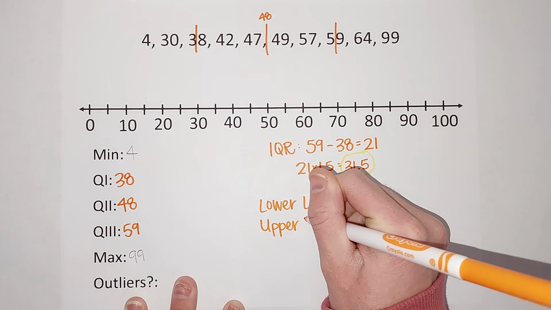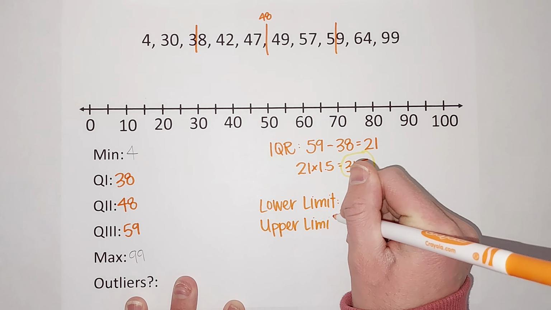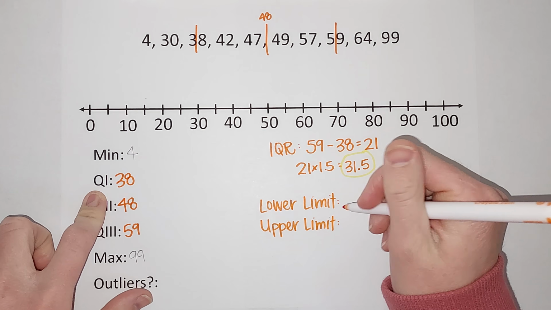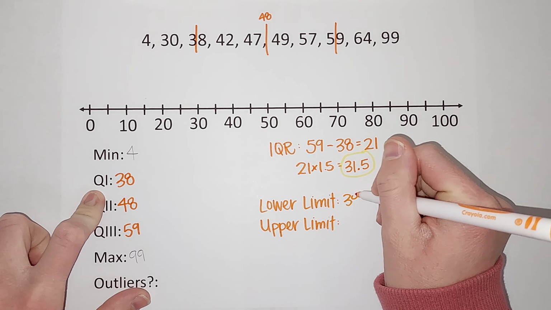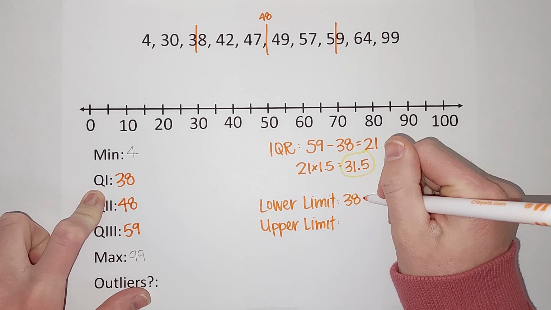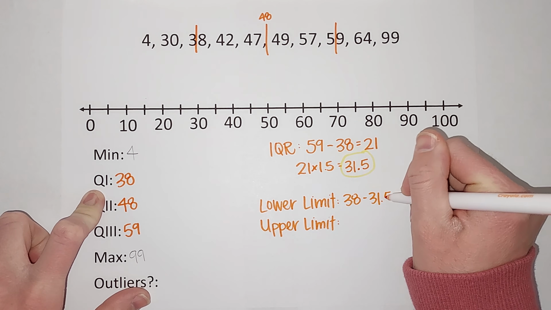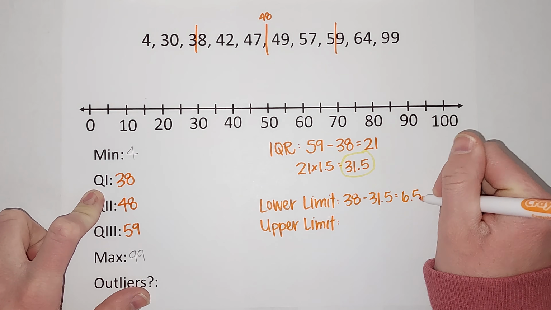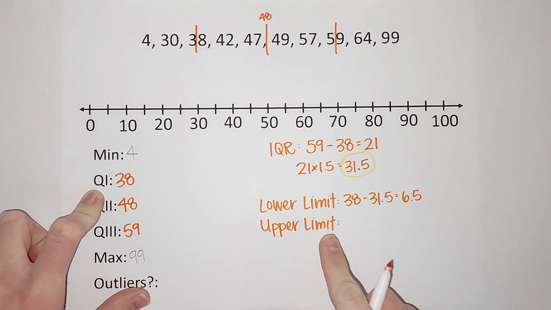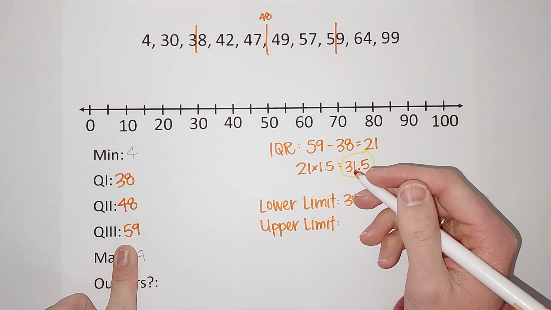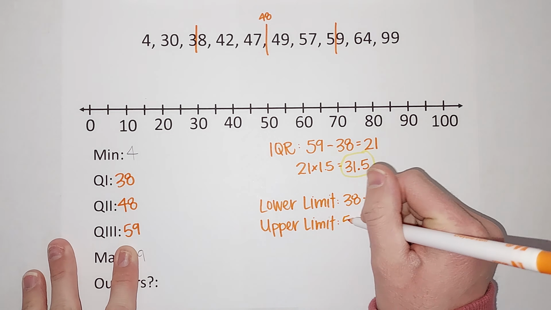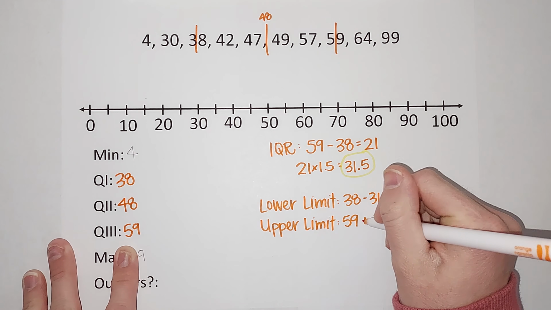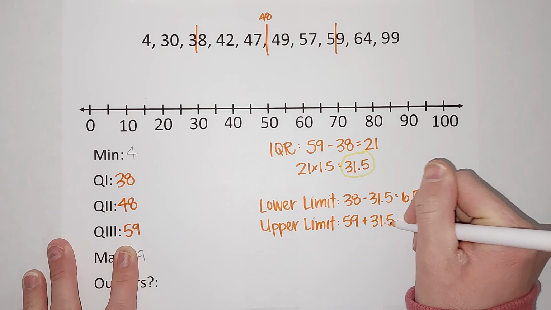So for my lower limit, I am going to take quartile 1 and subtract this number, the IQR times 1.5. Okay, when I do that, I get 6.5. That is my lower limit, okay? My upper limit, I'm going to take my third quartile, 59, and add this number, okay? 31.5.